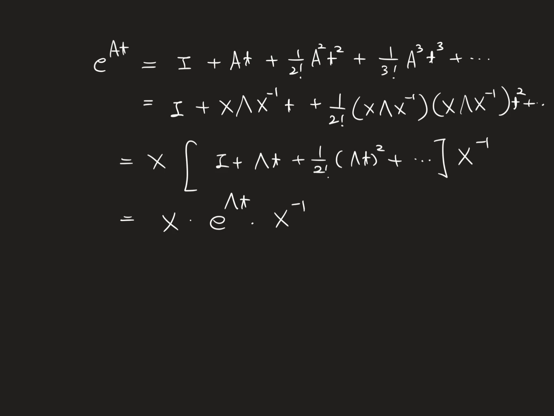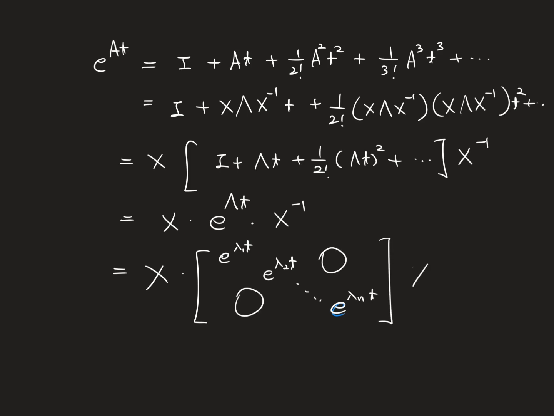And this e to the lambda t is a diagonal matrix with e to the lambda 1 t, e to the lambda 2 t, and so on, e to the lambda n t on the diagonal, and the off-diagonal entries are all 0, then X inverse.